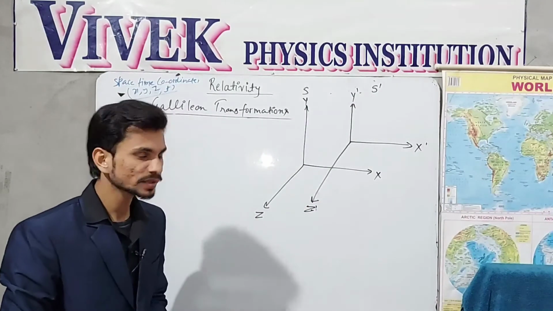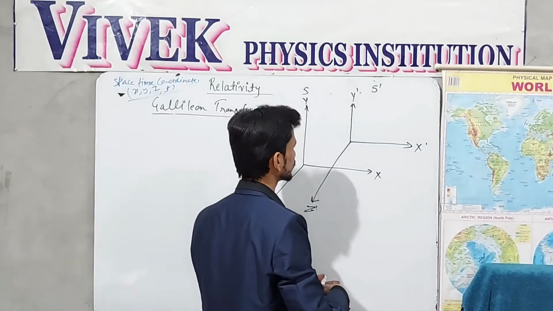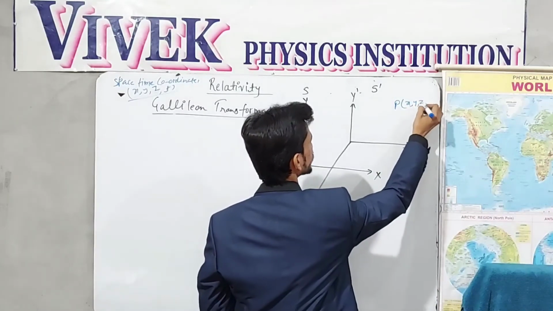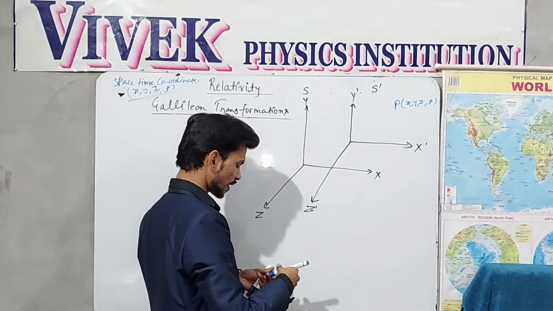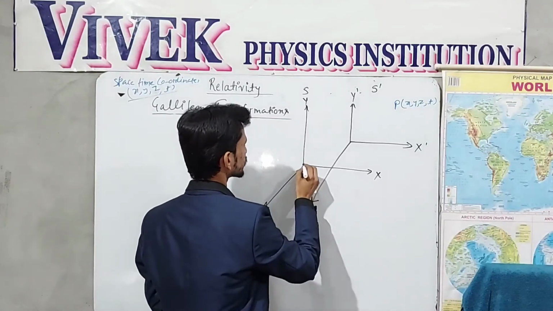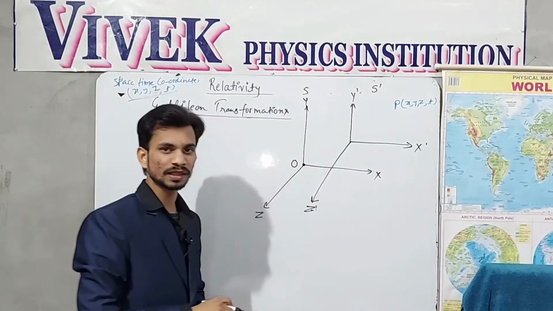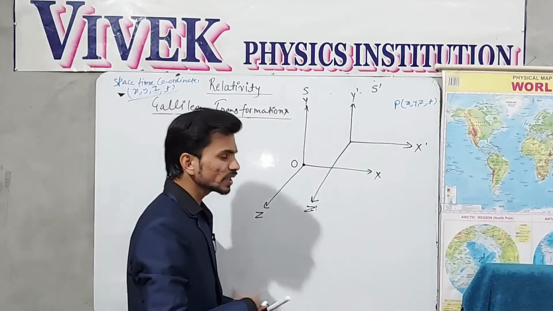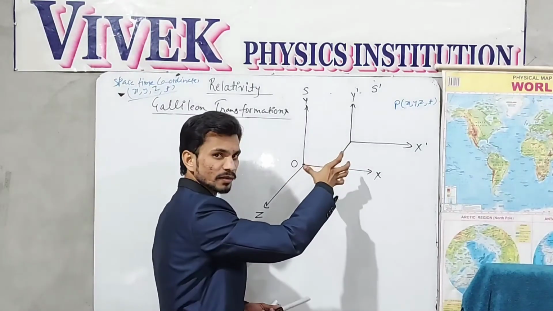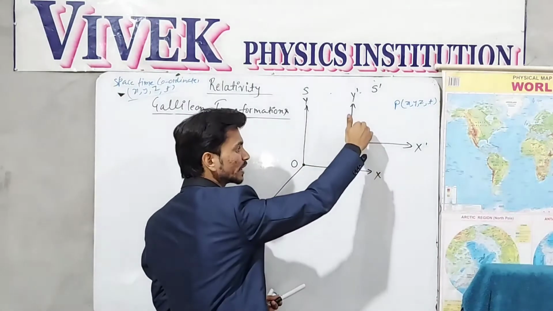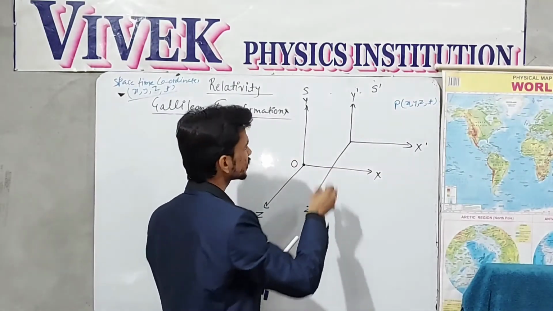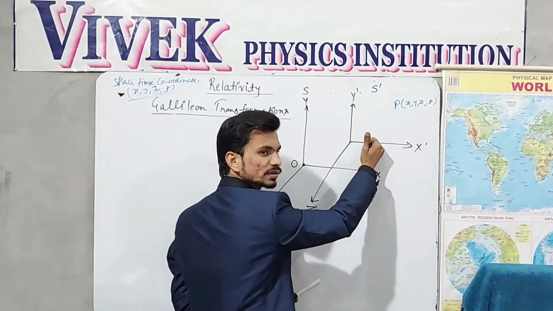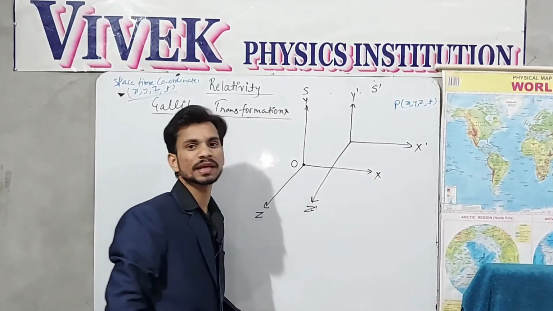Now you can easily see that there is an event P here whose coordinates are x, y, z and t, observed by an observer placed at O in the frame of reference S. After time t, it has moved somewhere in the x-axis, the y-axis and the z-axis.